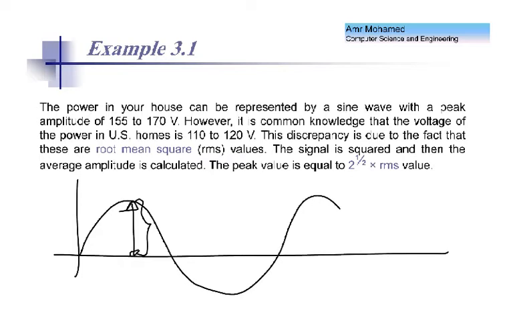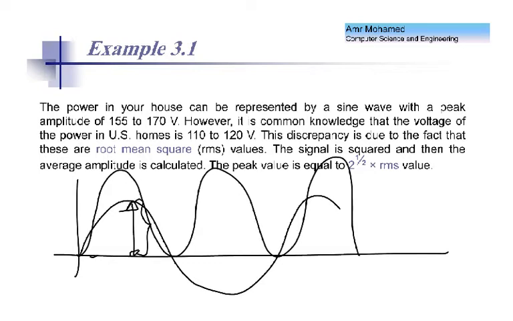Okay. So for a sine wave, first we square the sine wave, and we have done that before, so it would be something like this. Right? Then we take the mean of this, or the average.